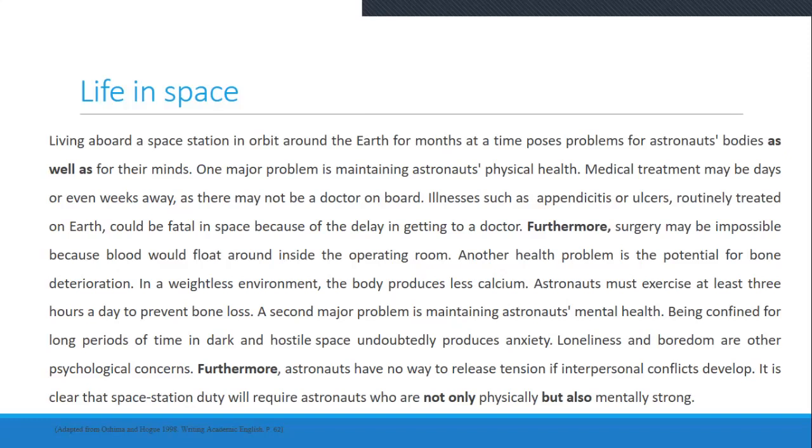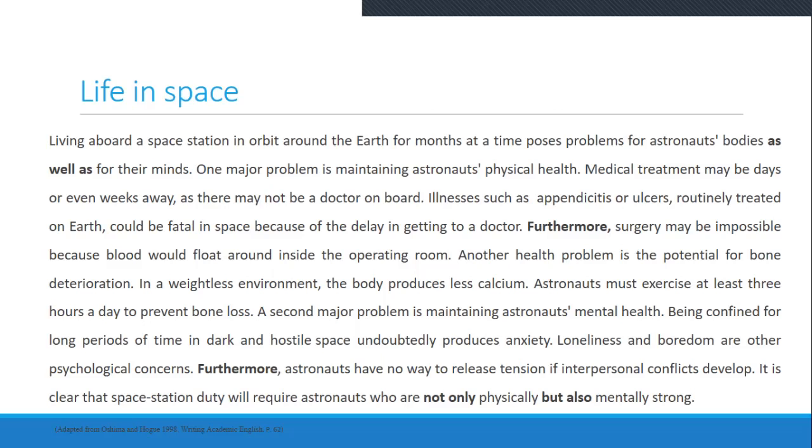Illnesses such as appendicitis or ulcers, routinely treated on Earth, could be fatal in space because of the delay in getting a doctor, right? So now the writer has elaborated and explained very clearly how living in space can affect a person's body, right?